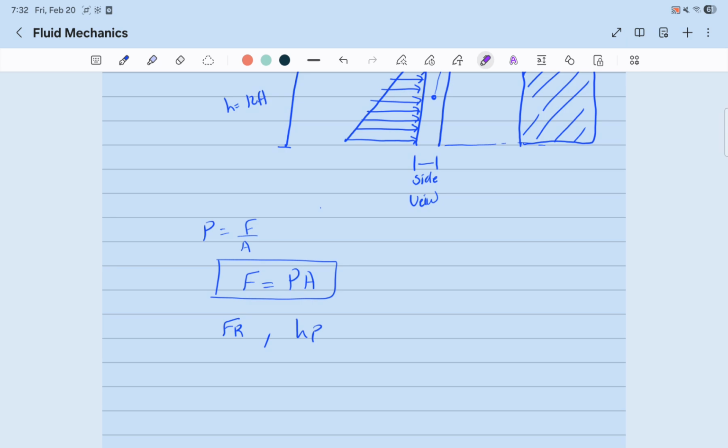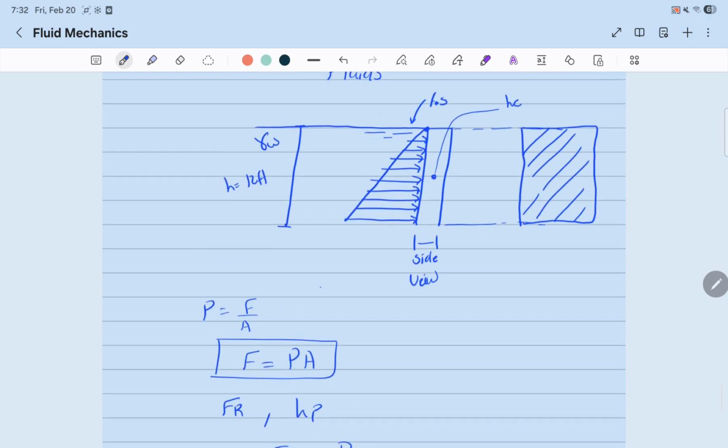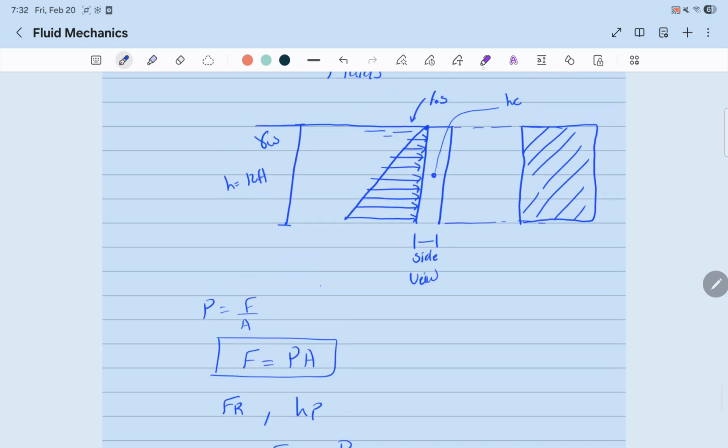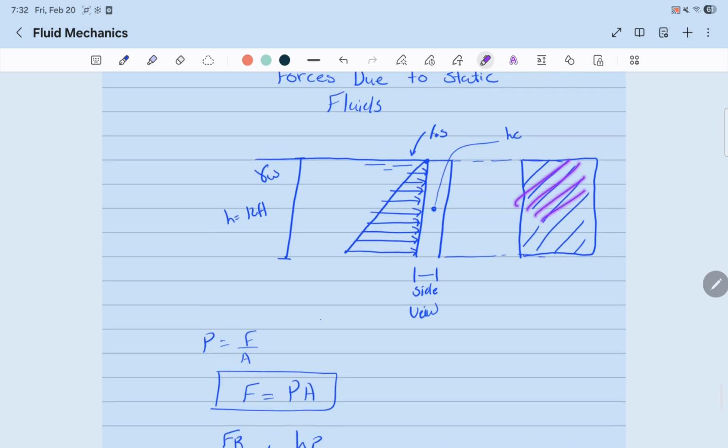Okay, now the sum of forces, the resultant force, equals pressure times area. We've discussed before that the area used is the area in contact with the fluid, which is the cross-sectional area.